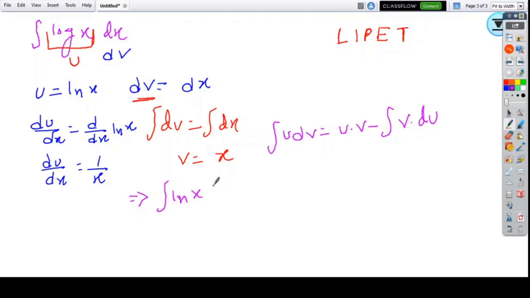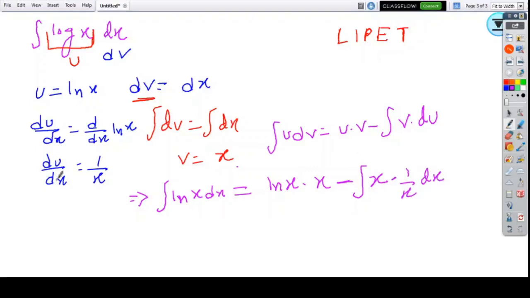So the integral of ln x dx is equal to uv. u means ln x and v means x, minus the integration of v, and v is nothing but x, and du is nothing but 1 by x dx.